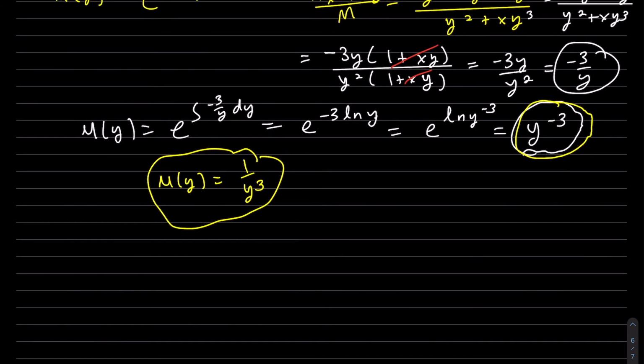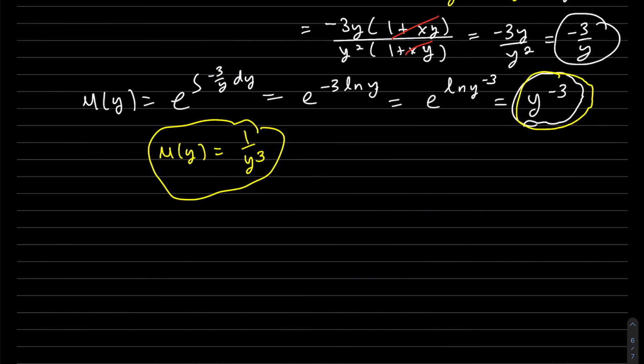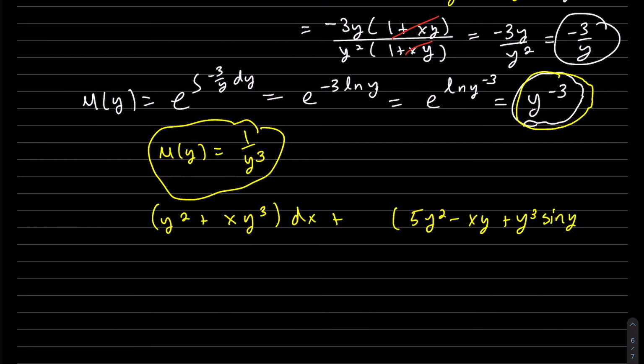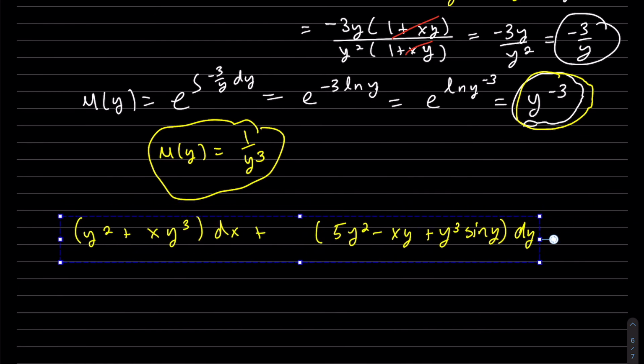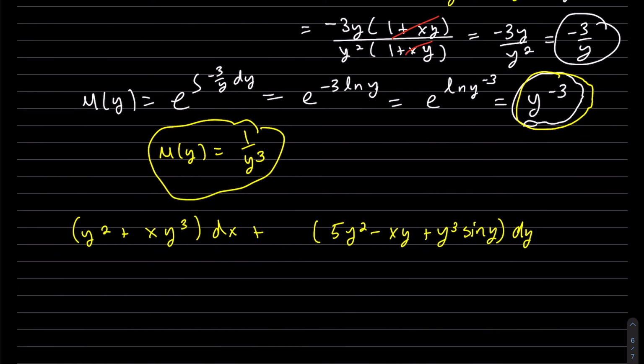Our dE was y squared plus x y to the third dx plus, which is 0.